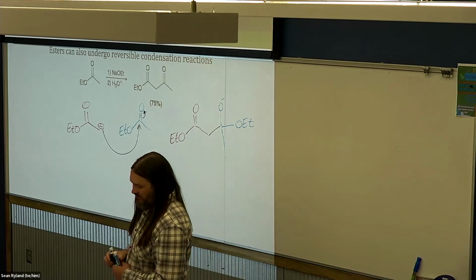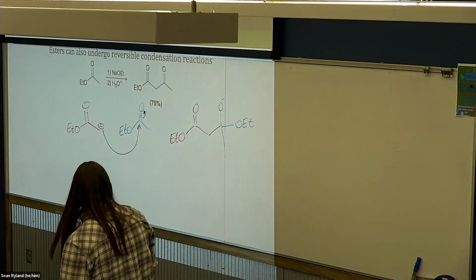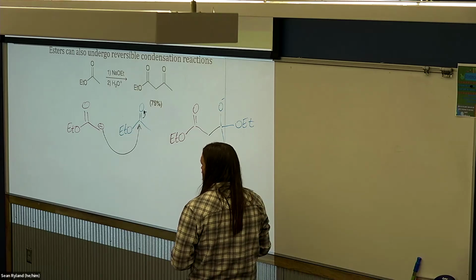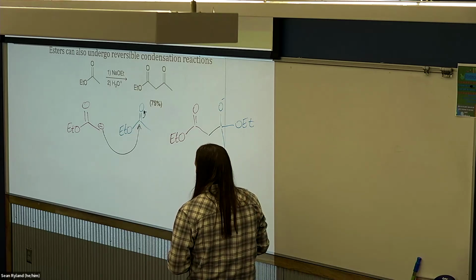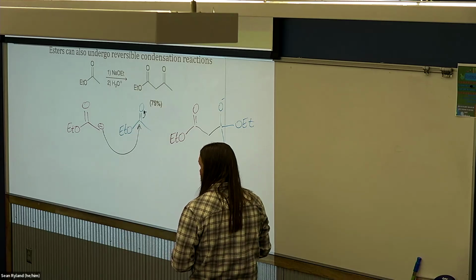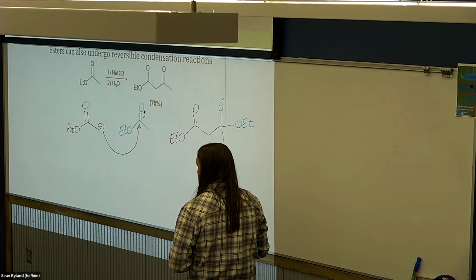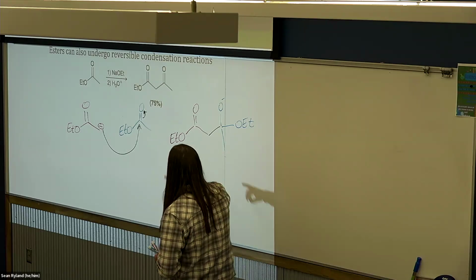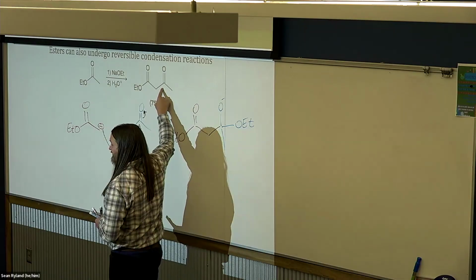What would the next step be? We want to reform the double bond, and we have a good leaving group attached to it, don't we? The OEt. It's not on our final product, is it?